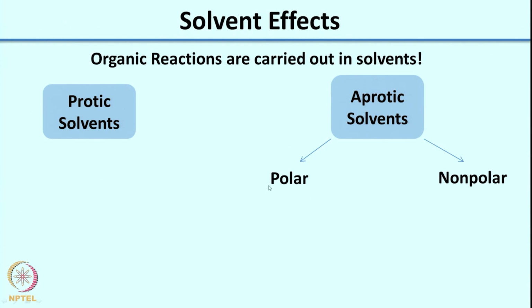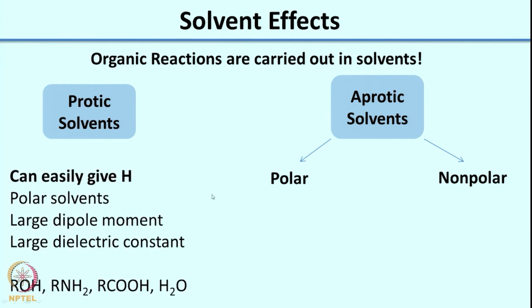So, let us look at the properties of each of these classes of solvents. In the protic solvents, as I said, they can easily give protons. Just by the name you can say that they are usually polar. Now, if they are polar, obviously they will have a large dipole moment and they also have a large dielectric constant.